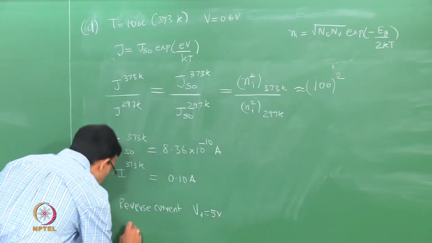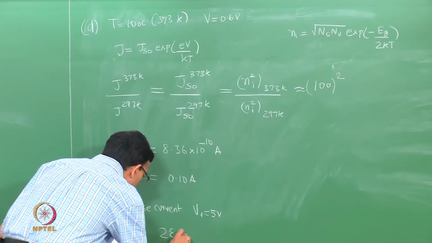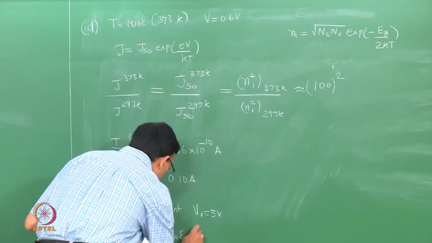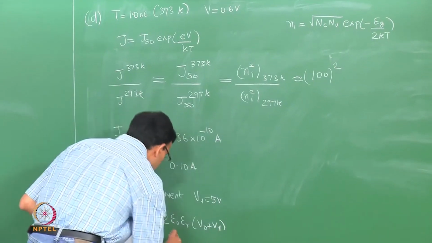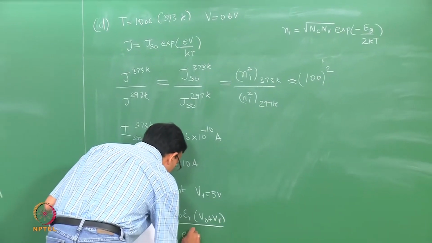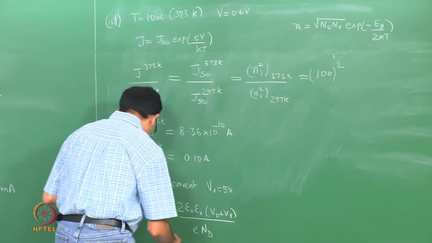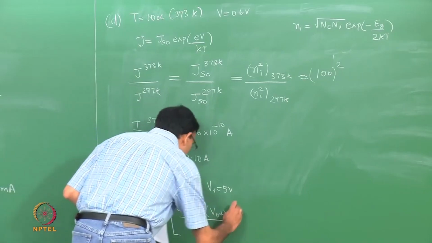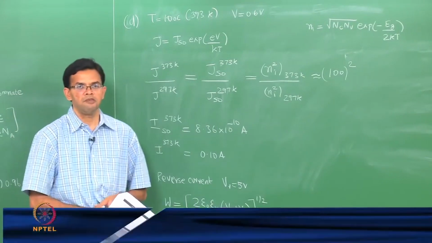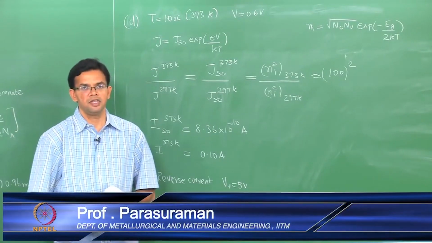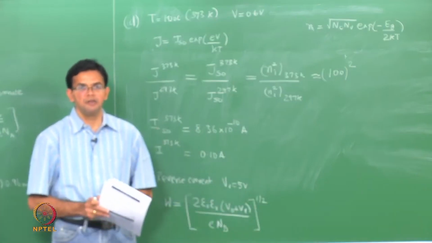So, the width W is the square root of 2 epsilon naught epsilon r times V naught plus VR, divided by e Nd, and we said that the depletion region lies almost entirely on the n side, so I only have Nd. This formula is something we used before to calculate the width of the depletion region when you have a p-n junction under equilibrium.